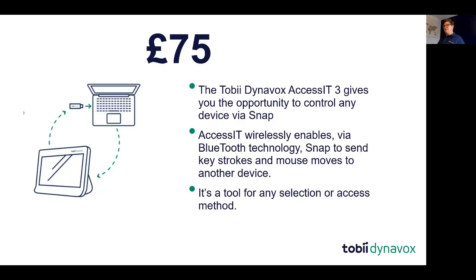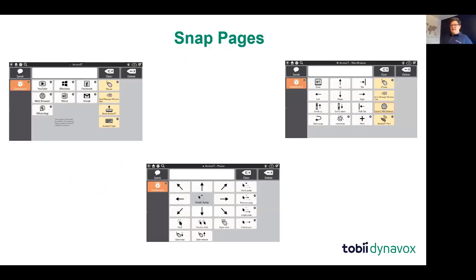So really, really simple. We've created some ready-made page sets for that. So we've got page sets for YouTube, different Windows applications, Facebook, WhatsApp, web browsers, Word documents, email. And you can create some of your own, but these are some examples of different ways that you can use it.